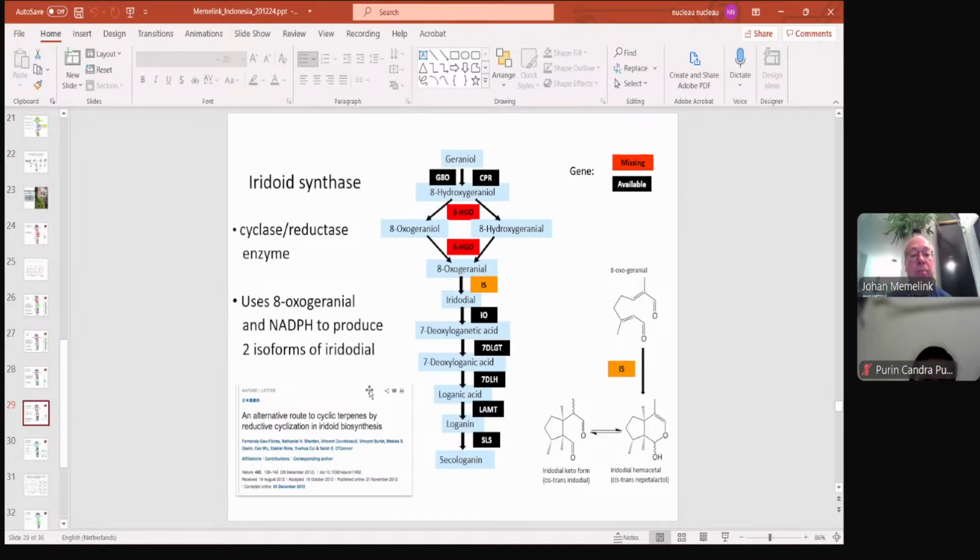They published in 2012, I think, this paper just about this single enzyme. It's also a special type of enzyme. So that's a pity, of course, that you're scooped by another group, but yeah, that happens.